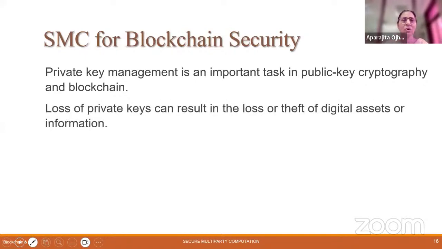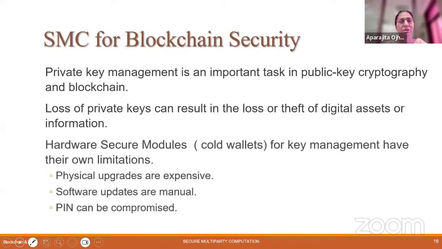Loss of a private key can result in the loss or theft of digital assets or information. As a result, in the Bitcoin blockchain and many other cryptocurrency blockchain networks, people are using hardware secure modules. These are like USB devices, known as cold wallets for key management. So they store their keys in this.